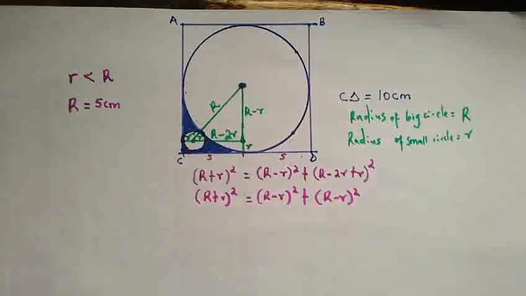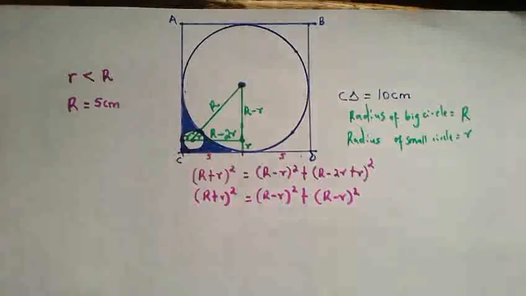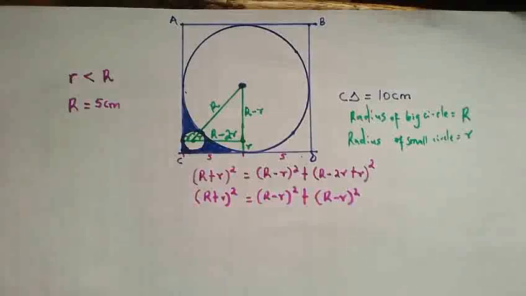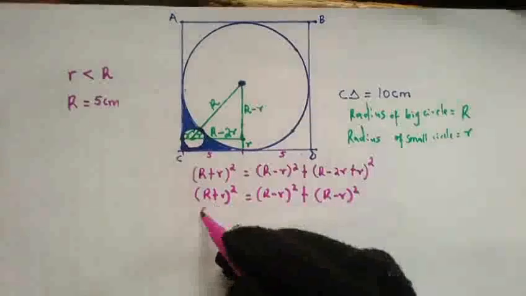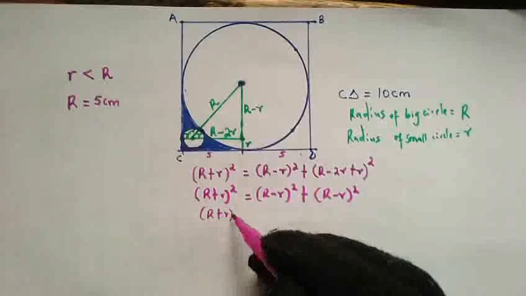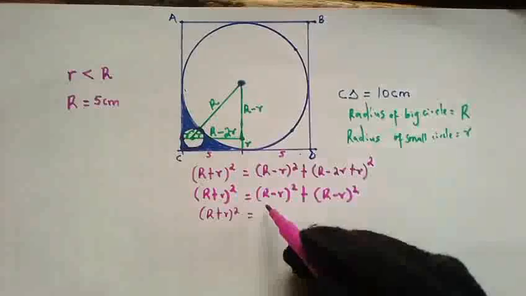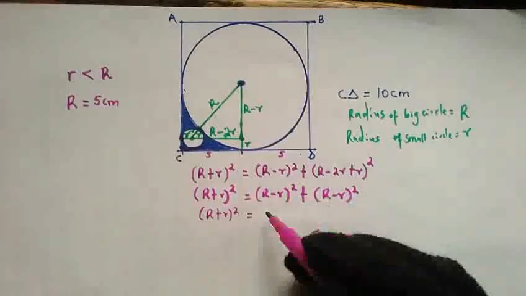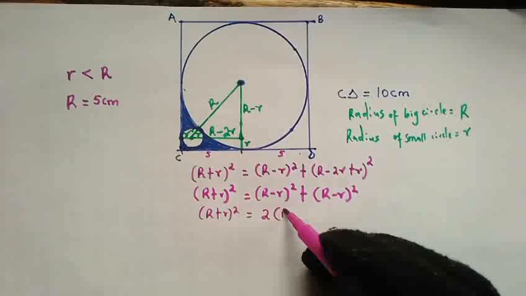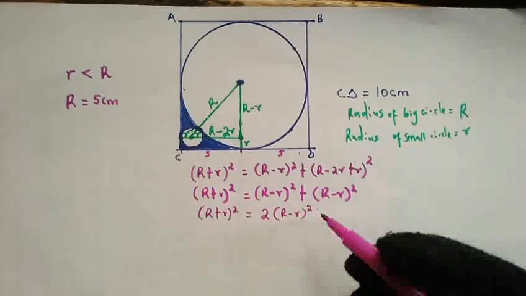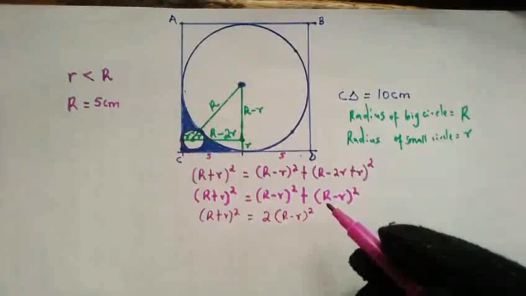Okay, now we have this: R + r squared is equal to R - r squared plus R - r, so 2 times R - r squared. Okay, now we're going to expand.